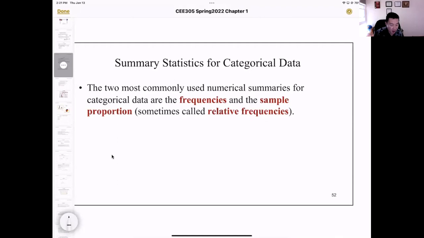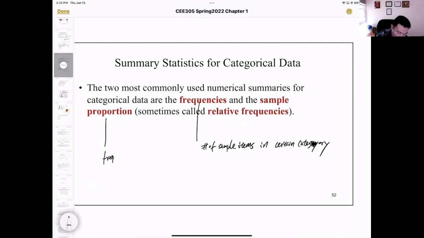Frequency is the number of sample items that fall in a certain category, and the sample proportion is the frequency divided by the sample size.